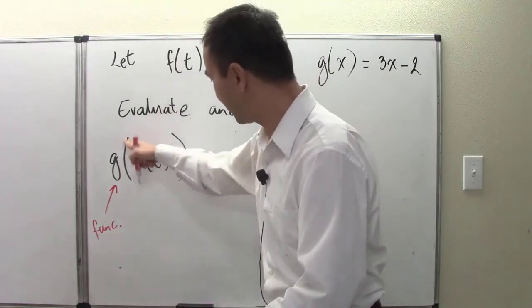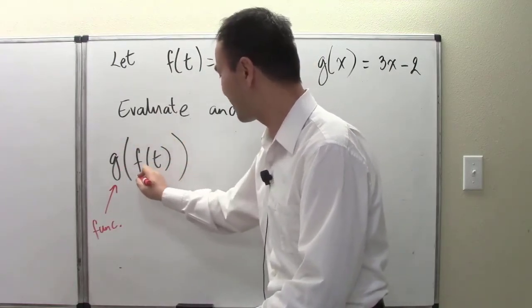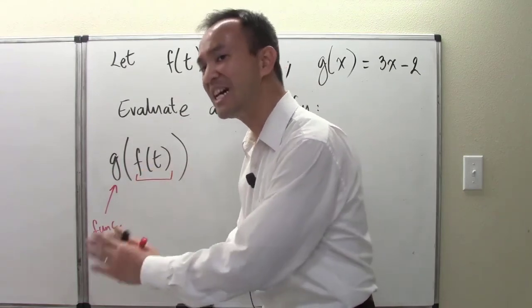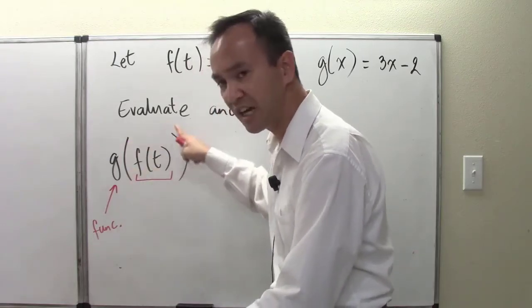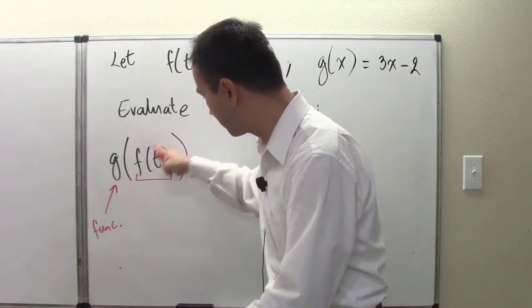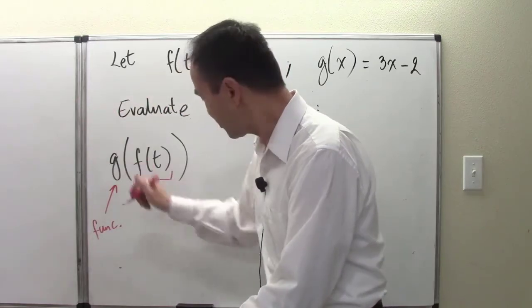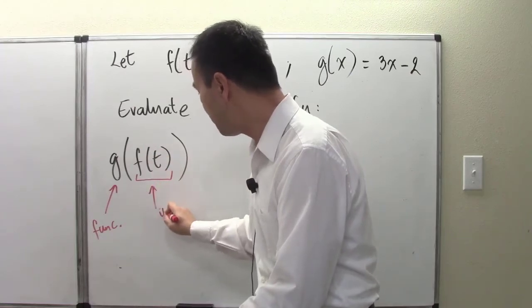But then there comes that larger pair of parentheses. Everything inside, even though it appears to be another function, that's okay, as long as the whole expression stays inside a pair of parentheses, then the whole thing is the function notation. So that means this entire expression f of t is the input.